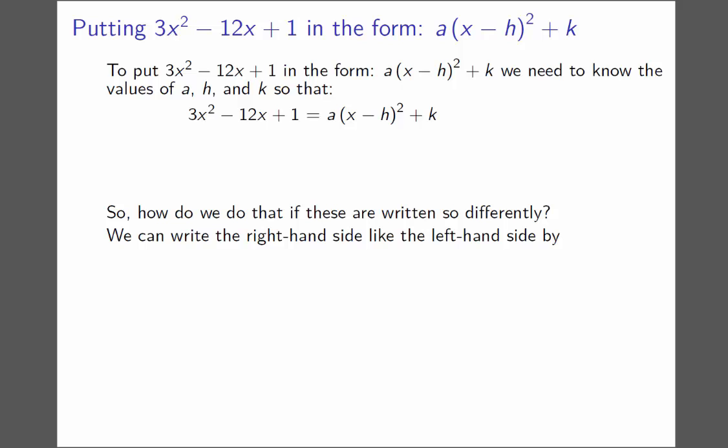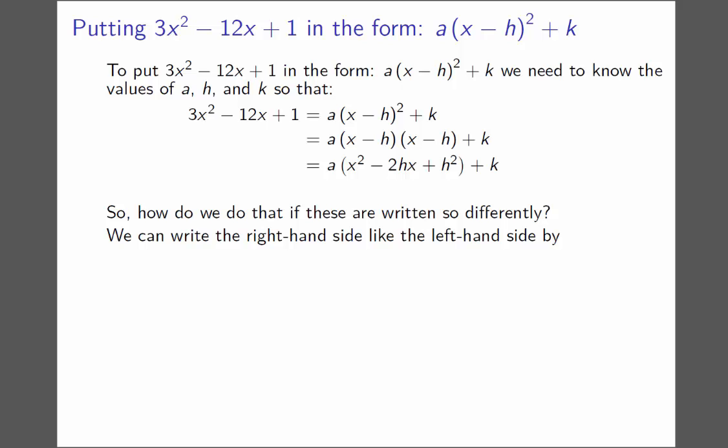Remember, we can write out the right-hand side to look more like the left-hand side by distributing. To do this, we need to use that (x − h)² is (x − h) times (x − h). Multiplying this out, we get x² − 2hx + h².